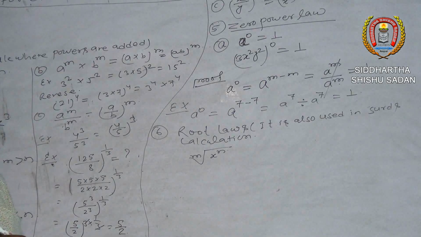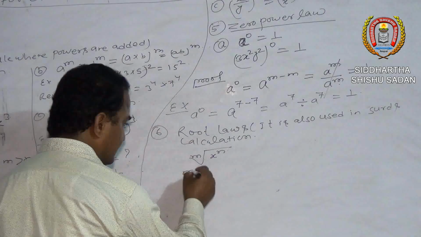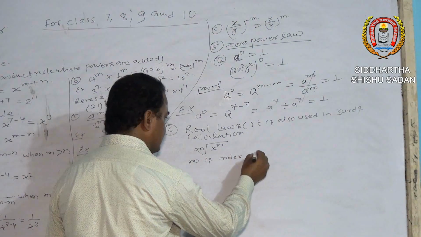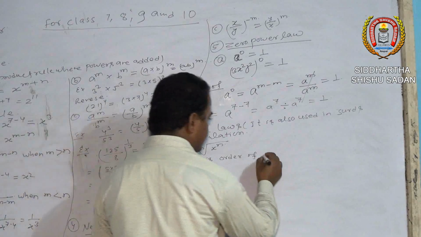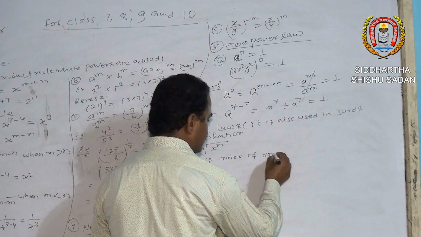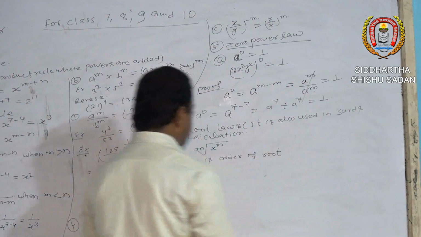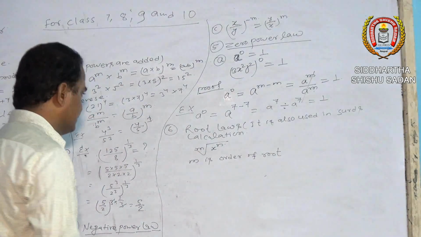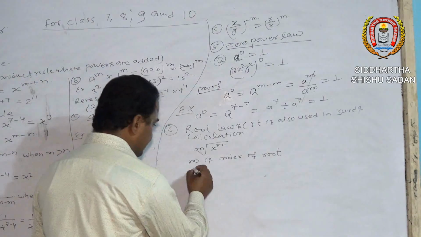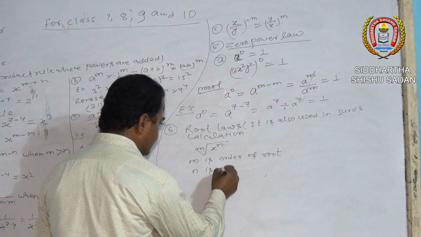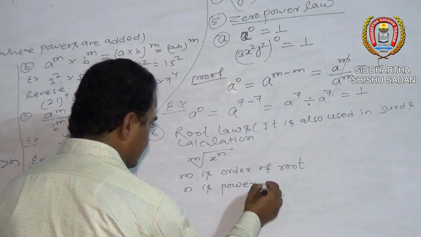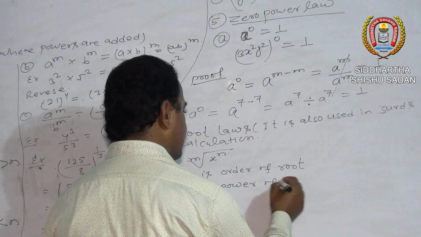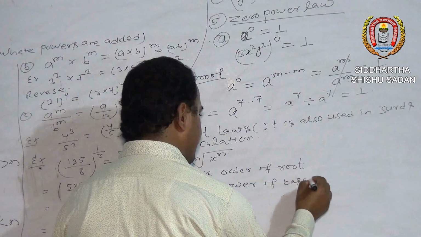M is the order of root. N is the power of base x.